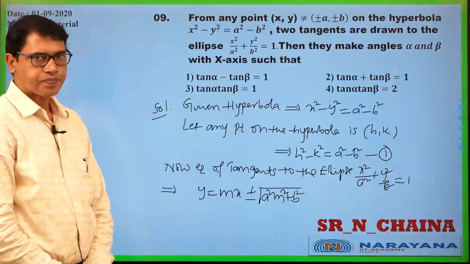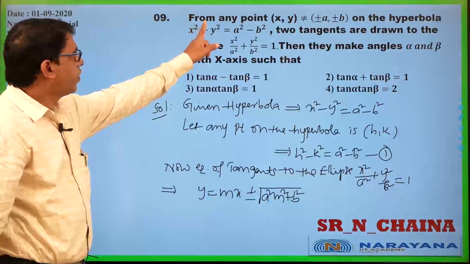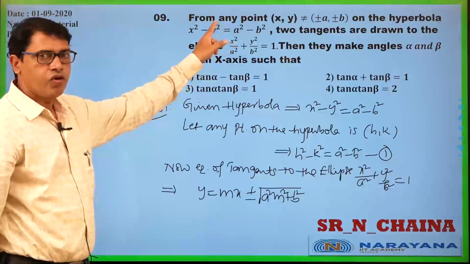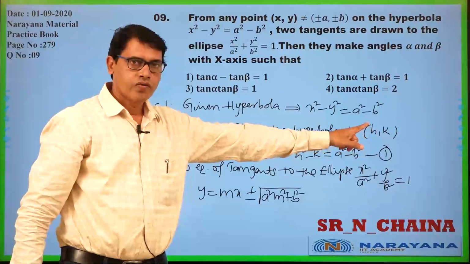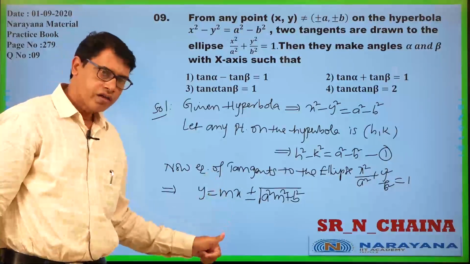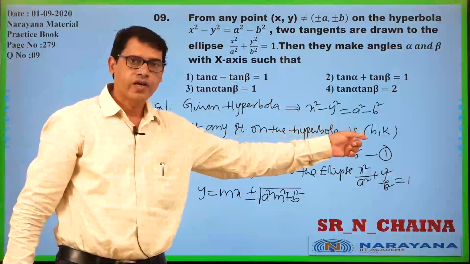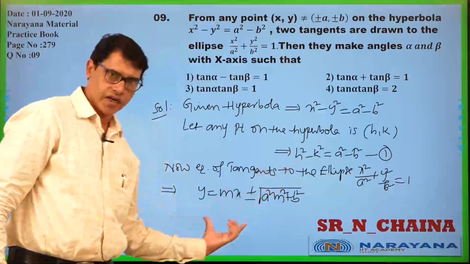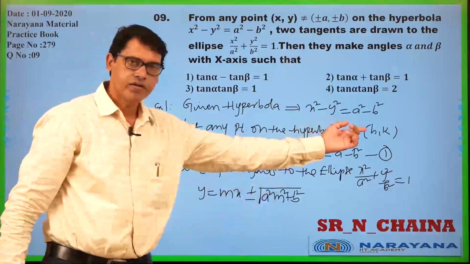Now from where we are drawing? From any point, which here is h comma k. So from this point I am drawing these two tangents, and the tangents have to be satisfied by h comma k.